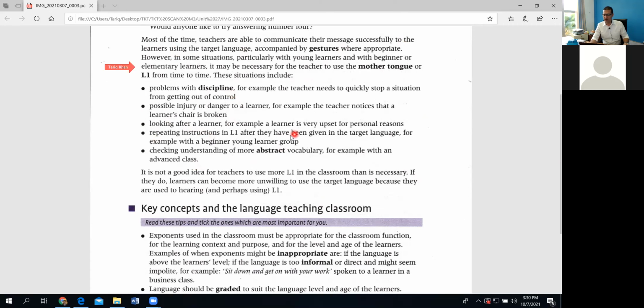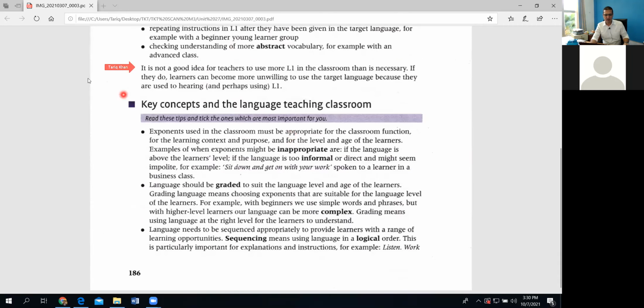They may test you with a question about the situations, right? It's not a good idea for teachers to use more L1 in the classroom than is necessary. If they do, learners can become more unwilling to use the target language because they are used to hearing or perhaps using L1. So in the end, it's not a good idea to use the mother language so often.